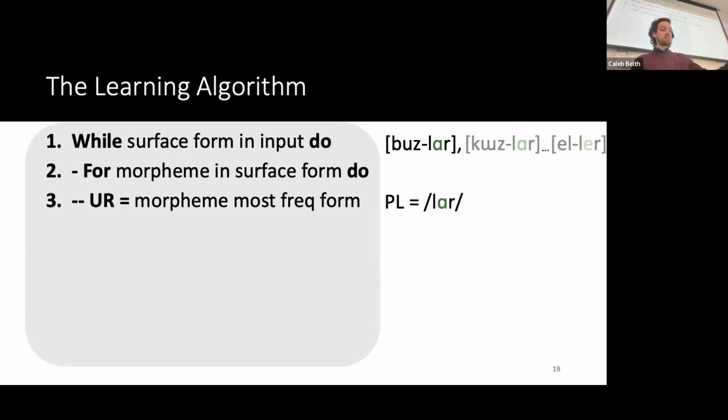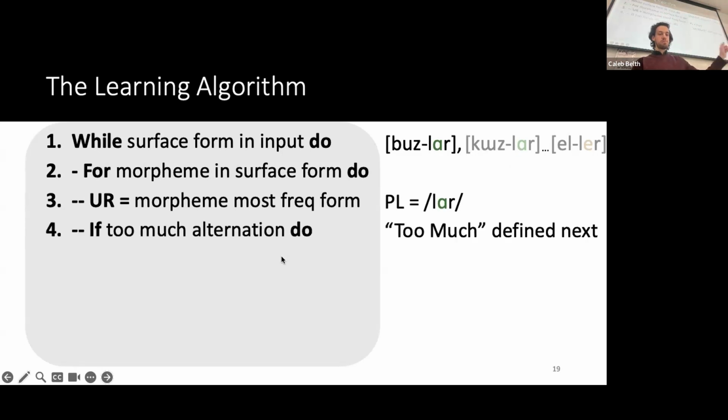So then it's just going to posit initially a surface faithful underlying representation, which is just going to be the most frequent realization of that morpheme thus far in the learner's lexicon. So for example, if the back vowel form of the suffix in Turkish has occurred more often than the front vowel, that'll be the initial underlying representation.